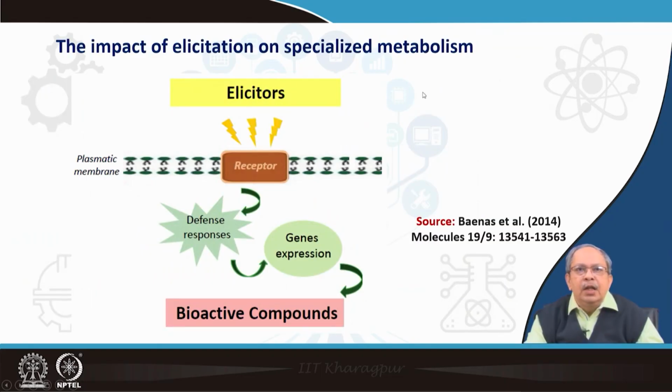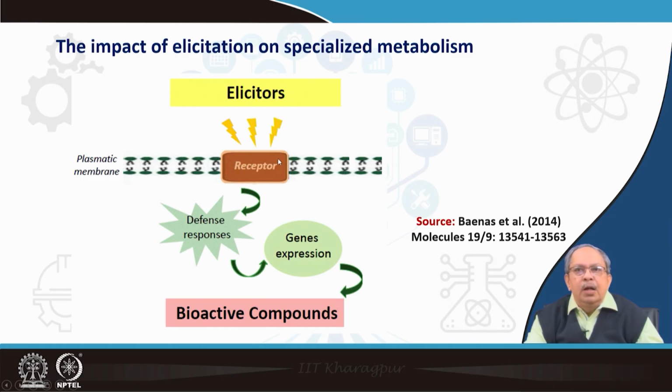Elicitors are foreign molecules which you add to the cell cultures. The cells treat them as foreign molecules, and in the cell membrane there are certain receptors.